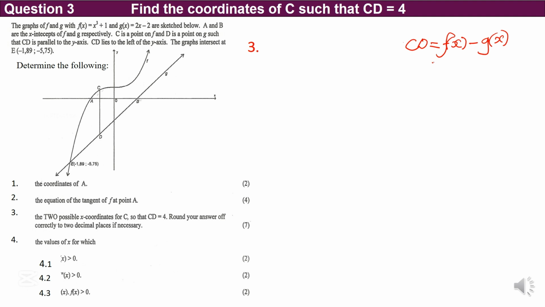Then you simplify this expression to simplest form. The value of f of x is x cubed plus 1. The value of g of x is equal to 2x minus 2. You simplify this equation until simplest form.